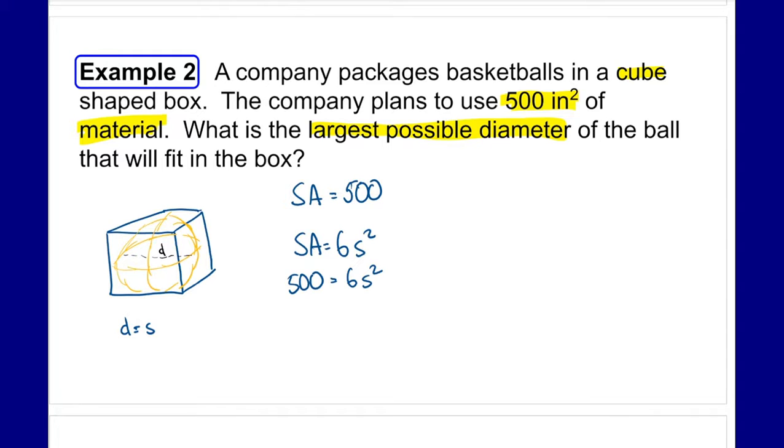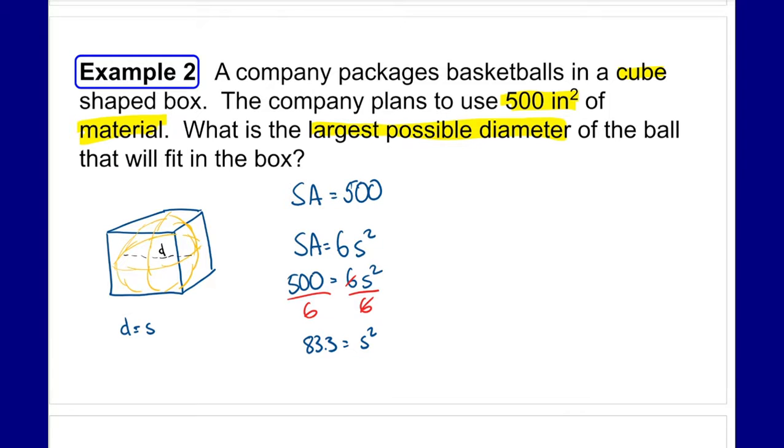If I want to get the s squared by itself, I first need to get rid of the 6. So I'm going to divide this side by 6, divide the other side by 6. One side cancels out. We're left with 83.3, which is equal to s squared. How do we cancel out the s squared?